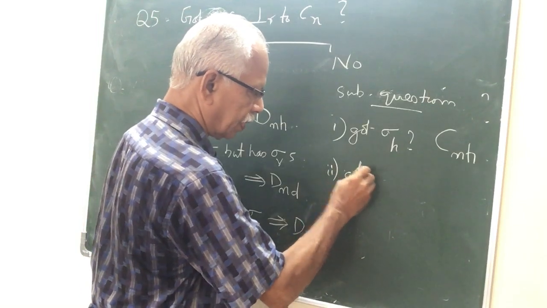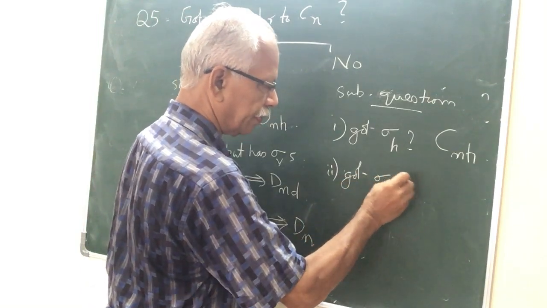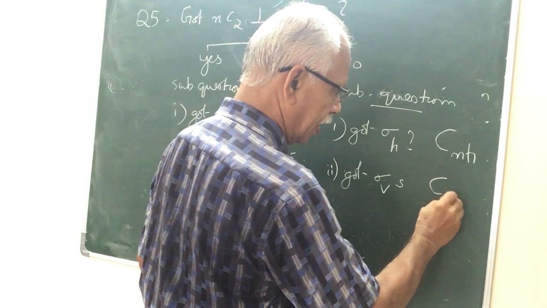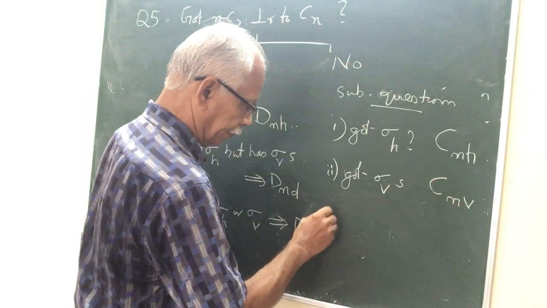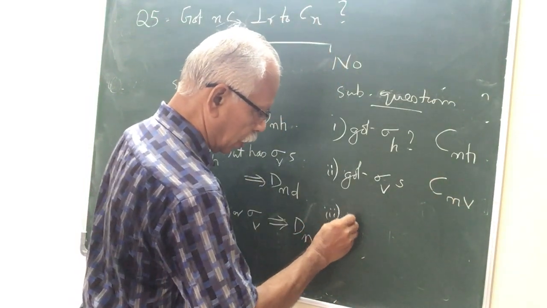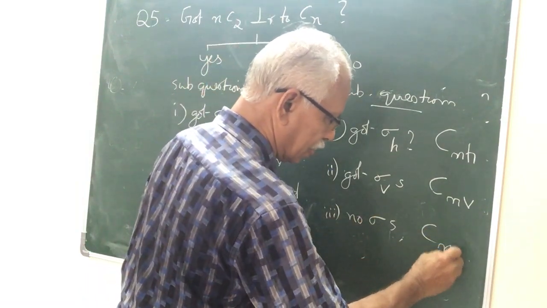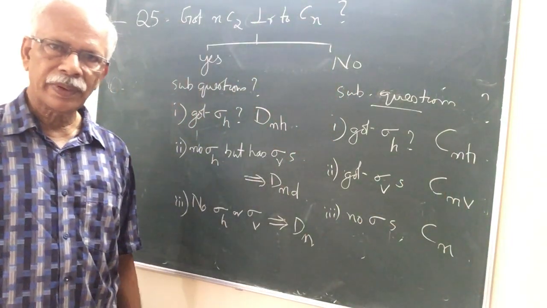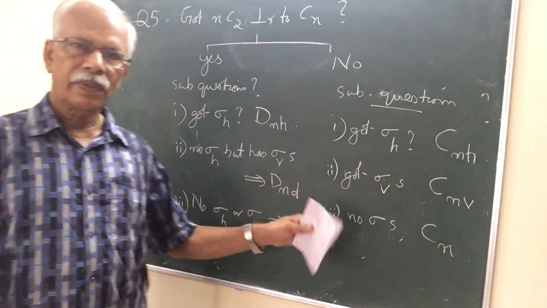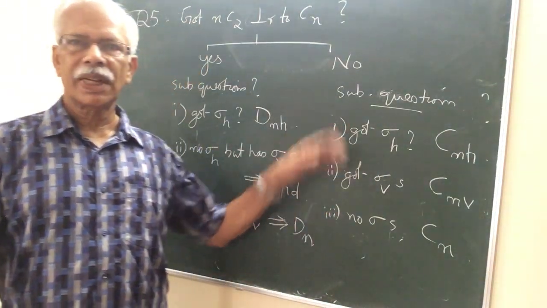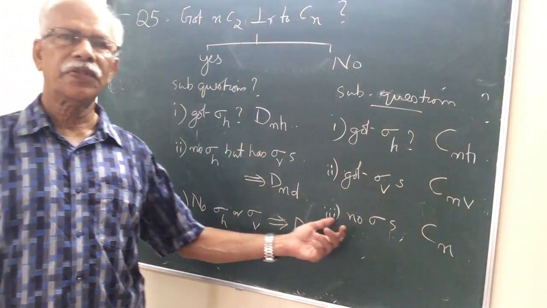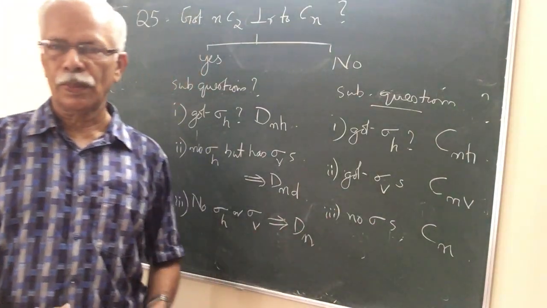Got sigma v's, then it will belong to the Cnv group. No sigmas, then it will belong to the Cn group. So we have completed the general procedure to identify the point group of an unknown molecule.